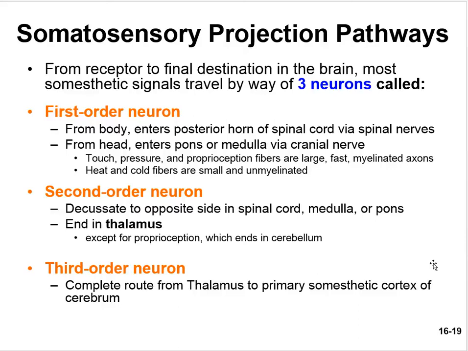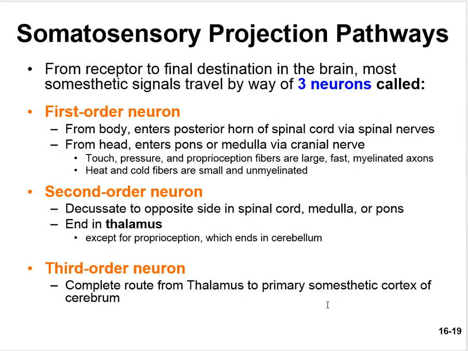With the first order neuron, from the body it enters the posterior horn of the spinal cord via the spinal nerves. From the head it would enter the pons or the medulla via the cranial nerve. And these include touch, pressure, and proprioception fibers that are large and fast with myelinated axons, and also heat and cold fibers that are small and unmyelinated.